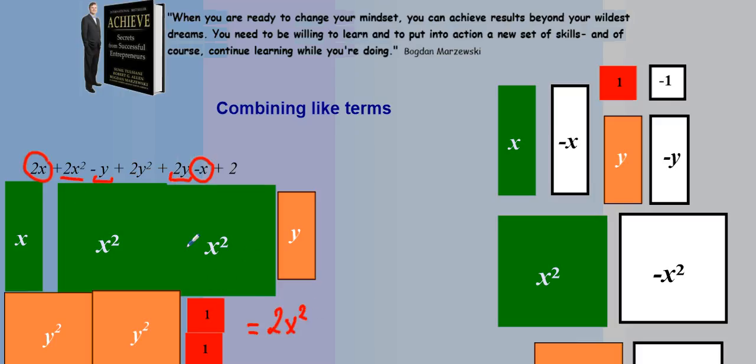Let's grab the ones with the exponent 2: 2y squared tiles, 1x tile, 1y tile, and plus 2. So after combining like terms, we see the simplified expression.